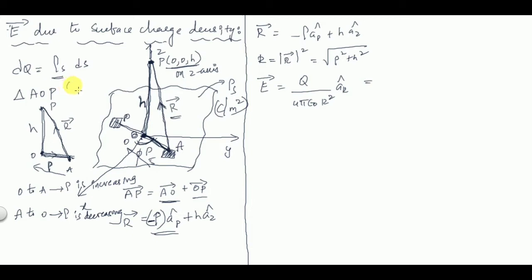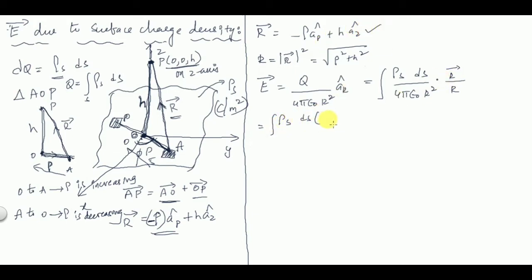So in this case, what is Q? Q is equal to integral over S of rho S dS. So it will be rho S into dS by 4 pi epsilon naught R square into R bar by R. Okay, so integral of rho S dS into, what is R bar?